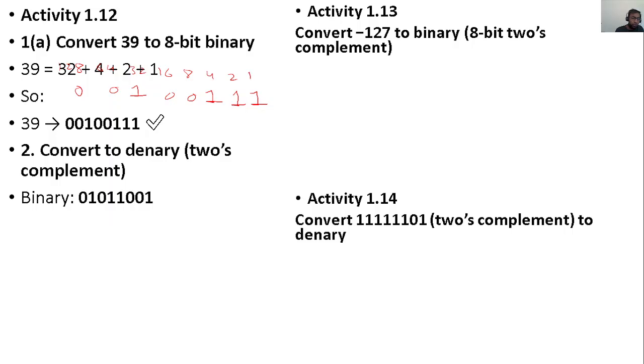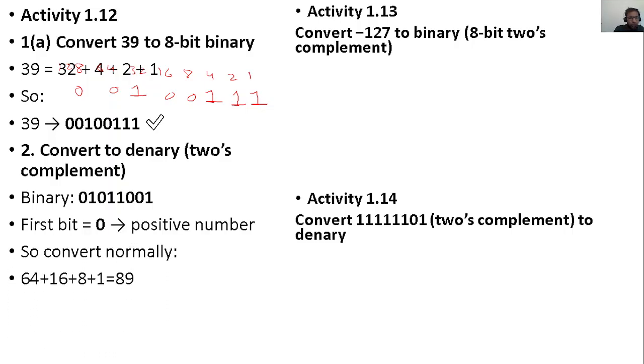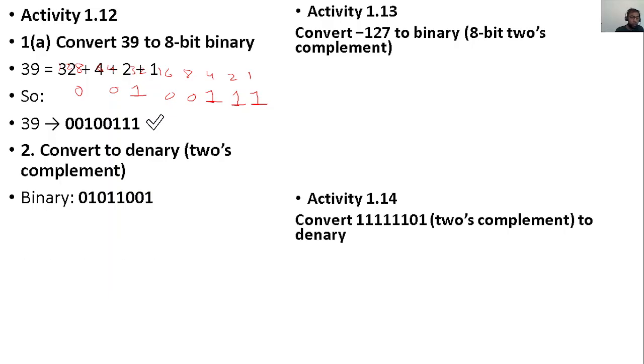Okay, it means that this number is representing a positive number. It means that we have to convert it into denary. This number is representing a positive number, as this is a sign bit.